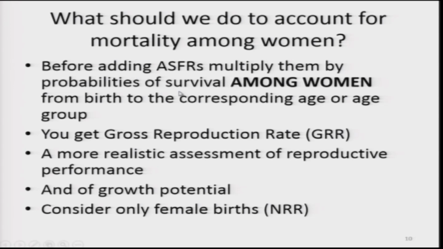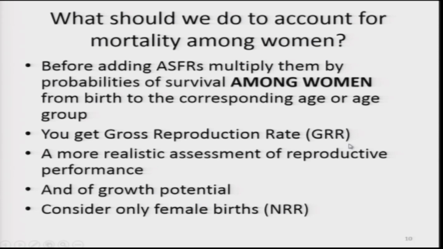So, to take care of mortality you can take probabilities of survival from birth to different age groups from the life table, multiply them by age specific fertility rates and multiply by 5 and add.